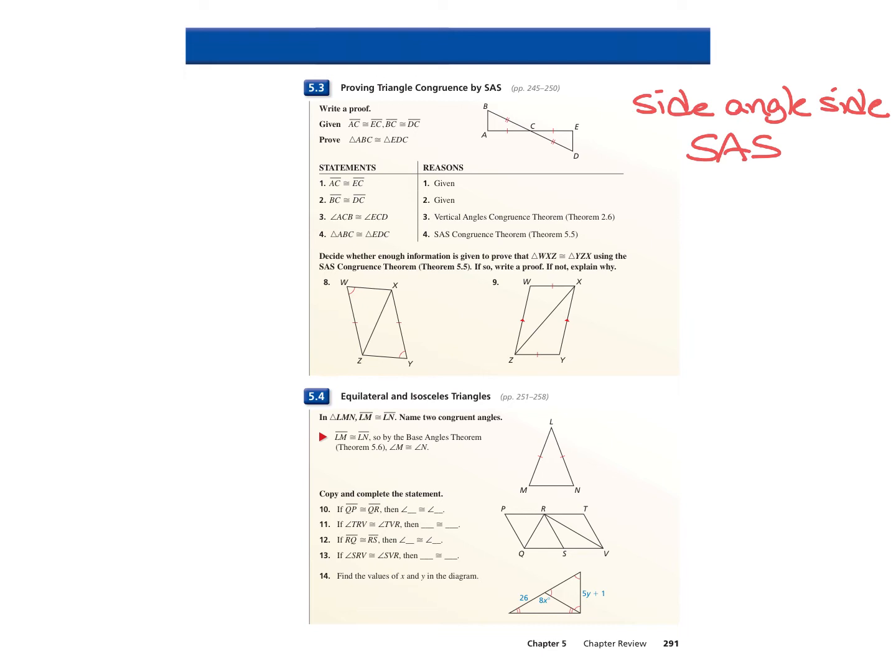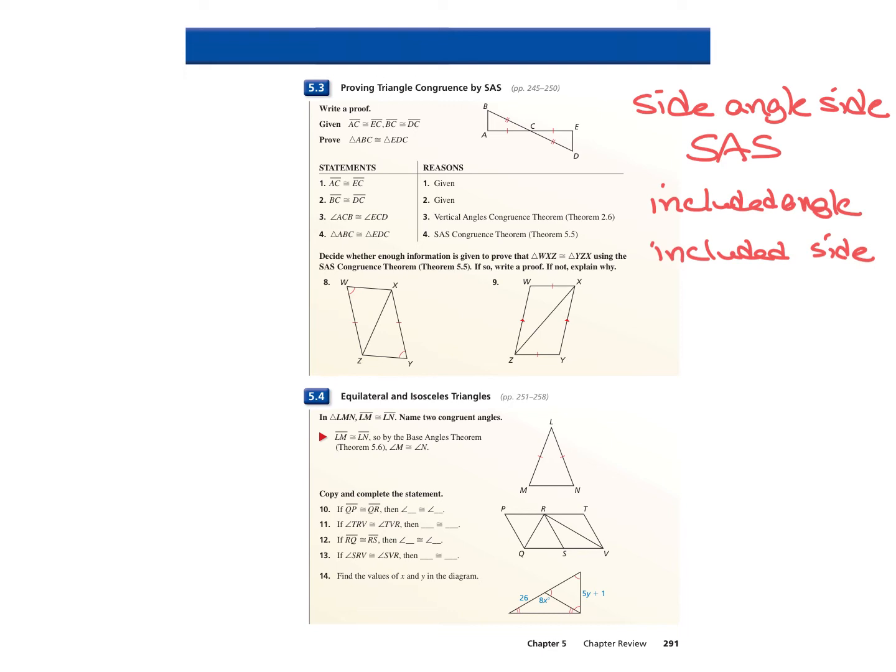We also learned the definition of what it means to be an included angle and an included side. So just be able to recognize when it's the included angle, because we need that for side-angle-side. Okay, if an angle is marked and it's not the included angle, then you can't use side-angle-side.